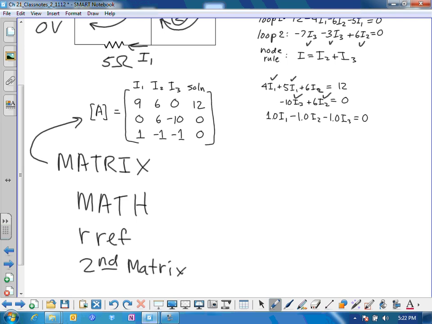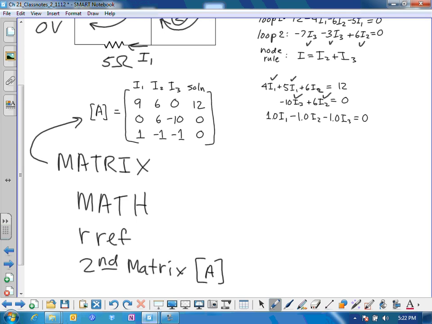We go second matrix, and then we select A. We do that by simply scrolling down to whatever. We don't have to put it in A. If you put it in another one, that's fine, but don't forget which one it was. And then hit enter, and we get rref of A.